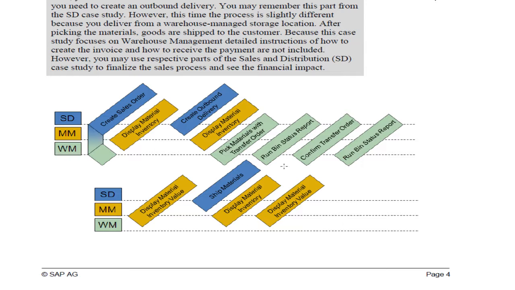And ultimately, we're going to get into the warehouse management systems transactions, which, when we started the outbound delivery, in this case, there's going to be a pick list, which is the transfer order to move stock, transferring it from storage to shipping. So these are the three integrated SAP modules that are part of this case study.